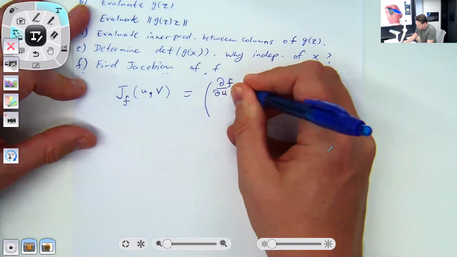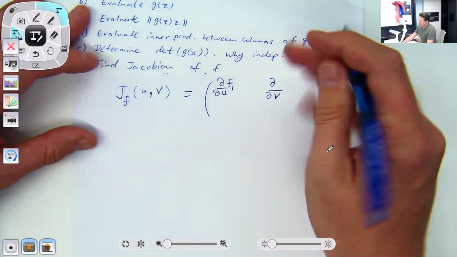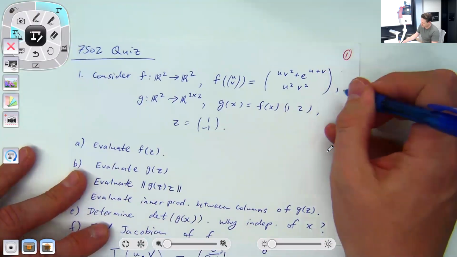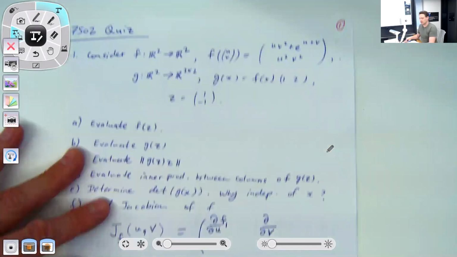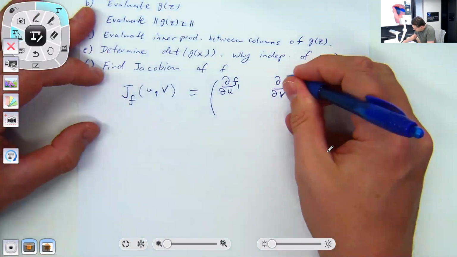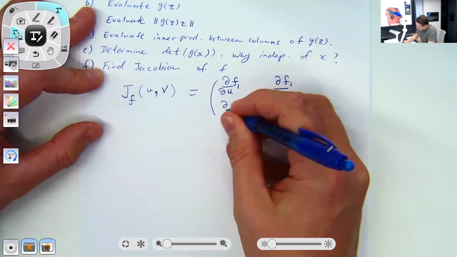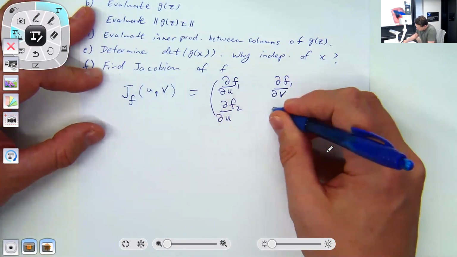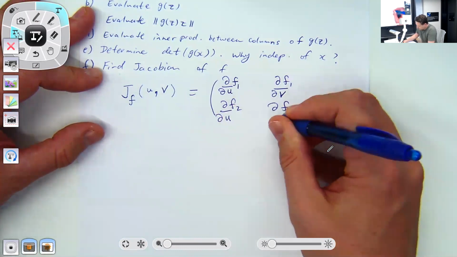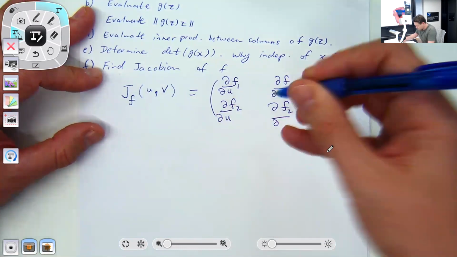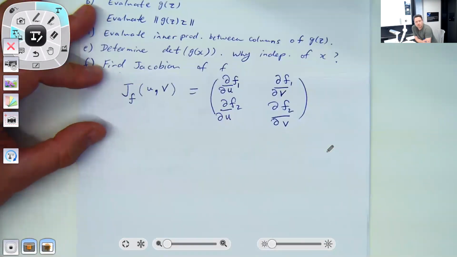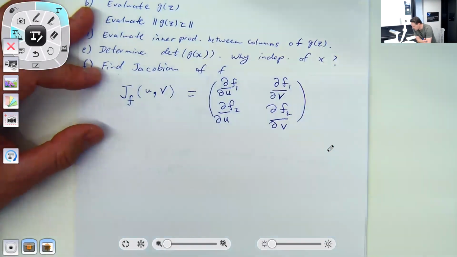So I'll put F1. Now, F has two parts in it, so I'm going to call this one F1 and that one F2. F1 goes there, with a partial derivative with respect to u, and here we put F2, with partial derivative of F2 with respect to v.